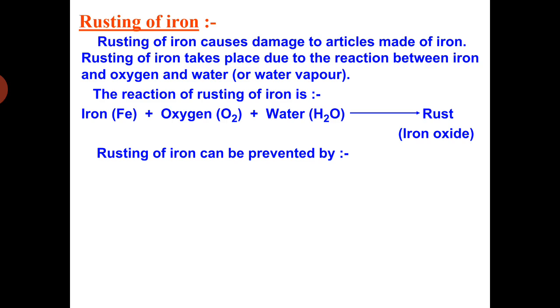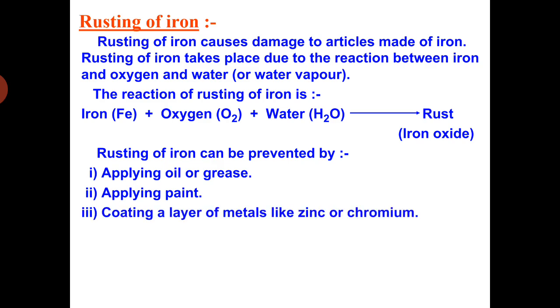So how can the rusting process be prevented? Because it results in the damage of the articles made of iron. Remember, for rusting, the presence of both oxygen and water is essential. Now, to prevent this process, we can apply oil or grease over the substance made of iron. We can apply paint.